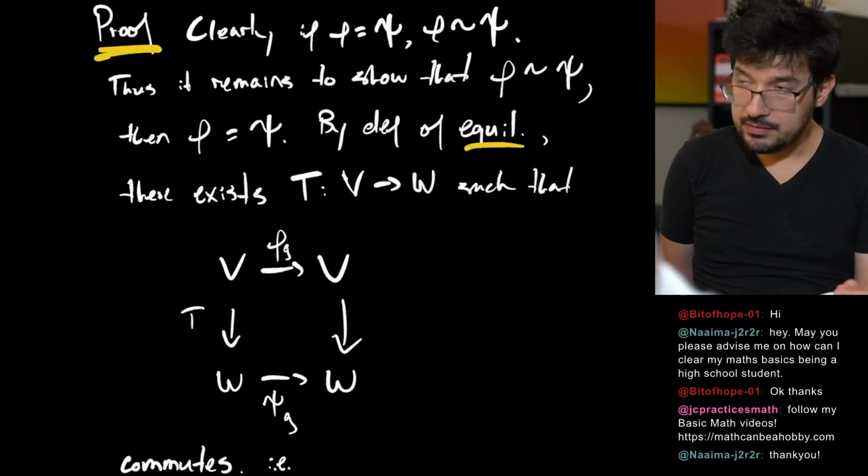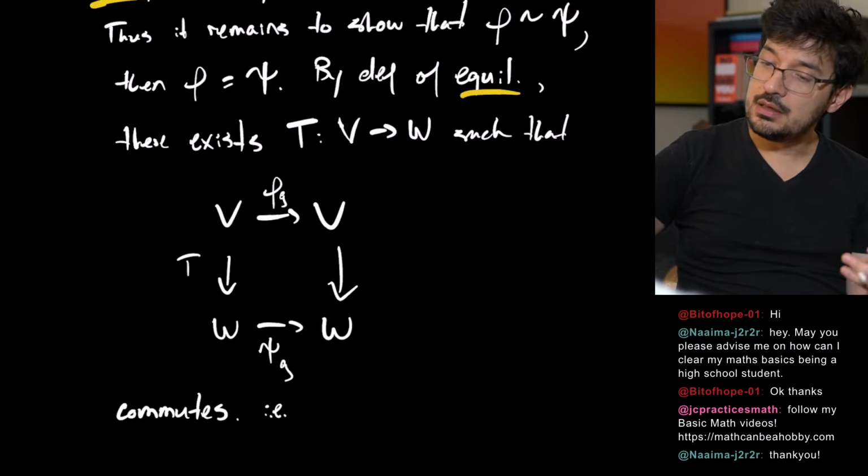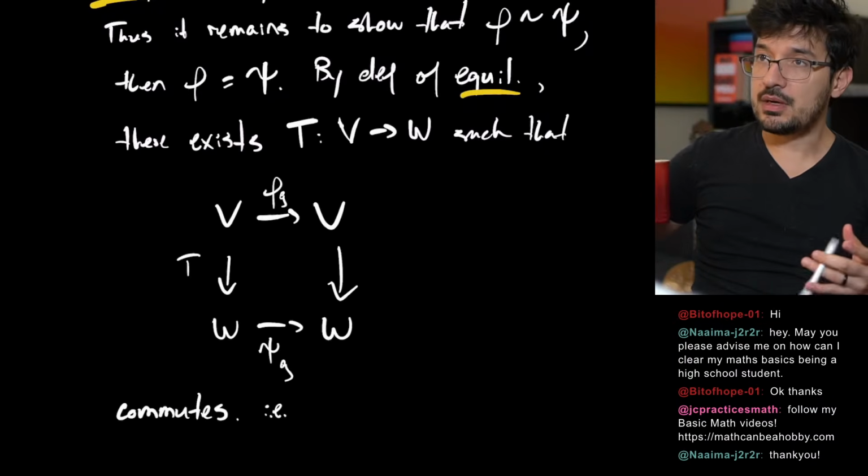In our case, the vector space is the complex numbers.